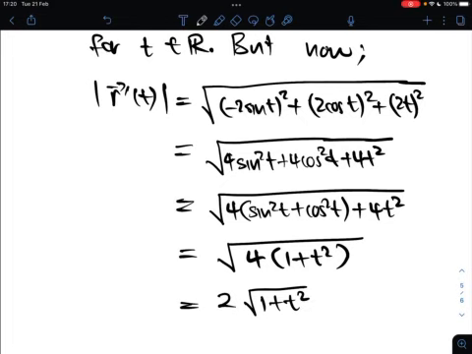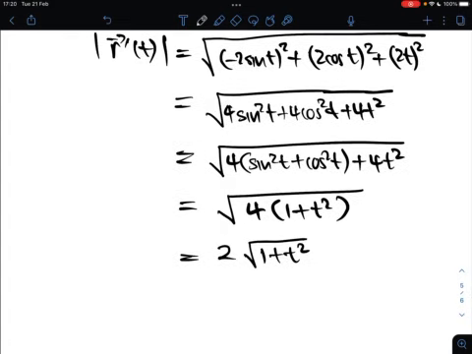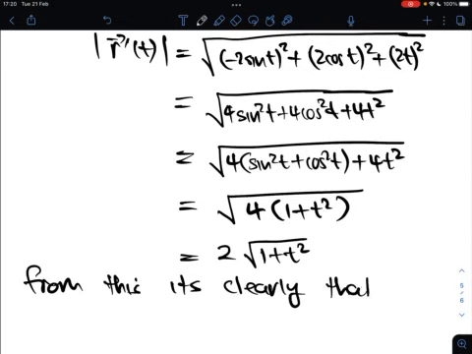So now what do we see here? The question we should ask is: is there a possibility for this thing to be 0? Already from this, it's clear that the root of 1 plus t squared is greater than 0, not even equal to, so it's strictly greater than 0 for all t elements of real numbers.